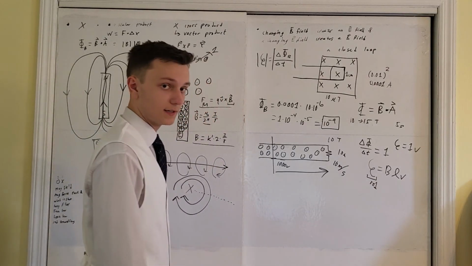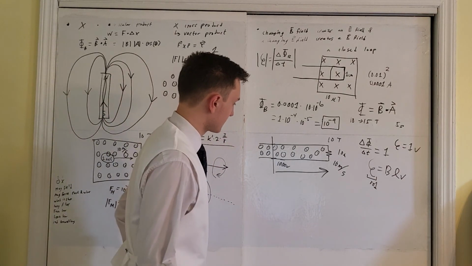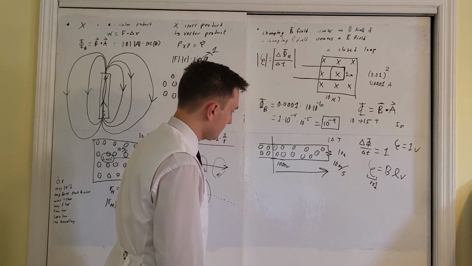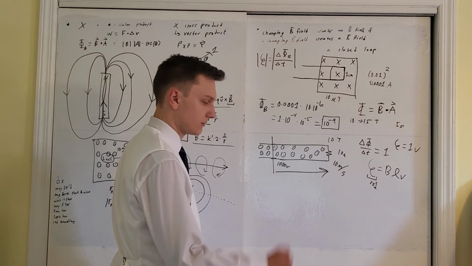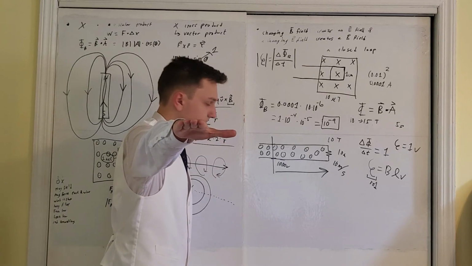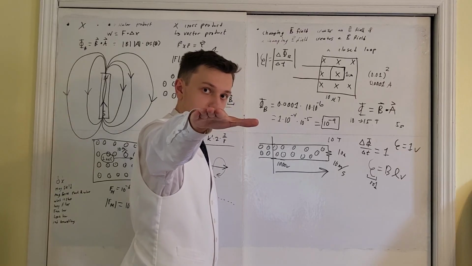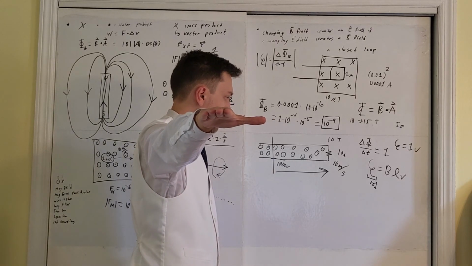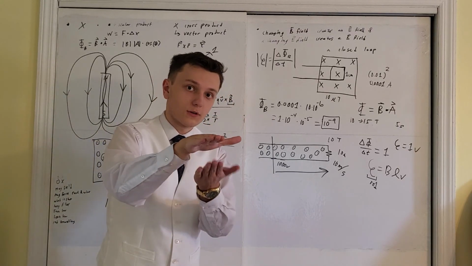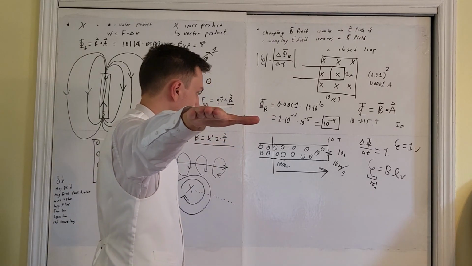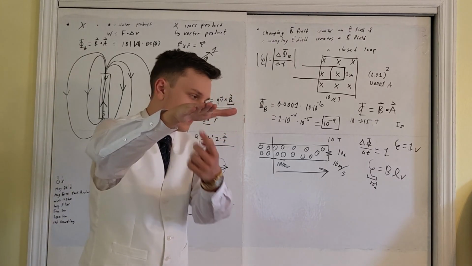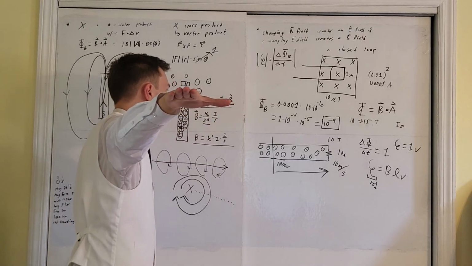So let's again use the right-hand rule to look at this. I have a B field that is coming out of the page. Fingers go to the camera. Thumb in the direction of the velocity of my charges. So therefore, the magnetic force acting on the charges is in the direction of my palm, okay?